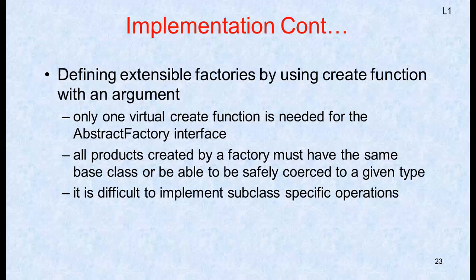If the client needs to perform subclass-specific operations, they won't be accessible through the abstract interface. Although the client could perform a downcast, that's not always feasible or safe, because the downcast can fail. So this is the classical trade-off for a highly flexible and extensible interface.